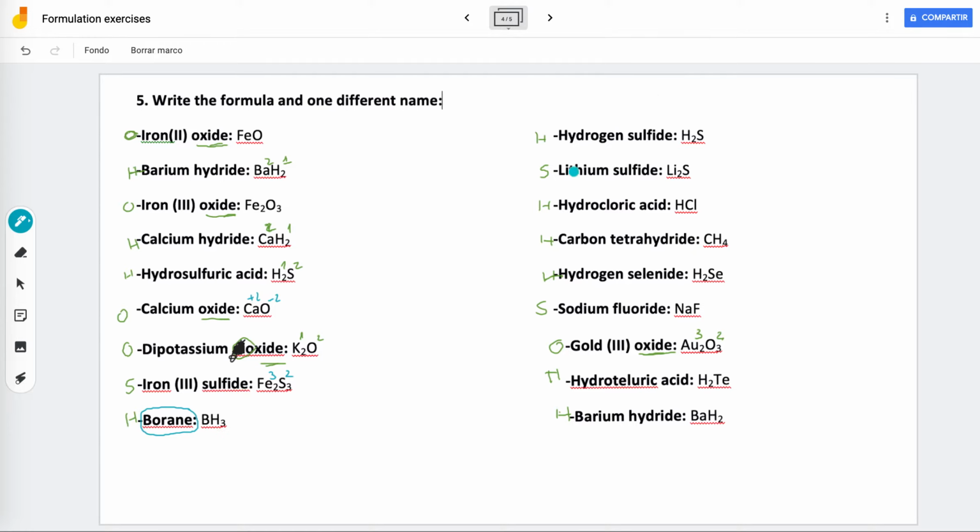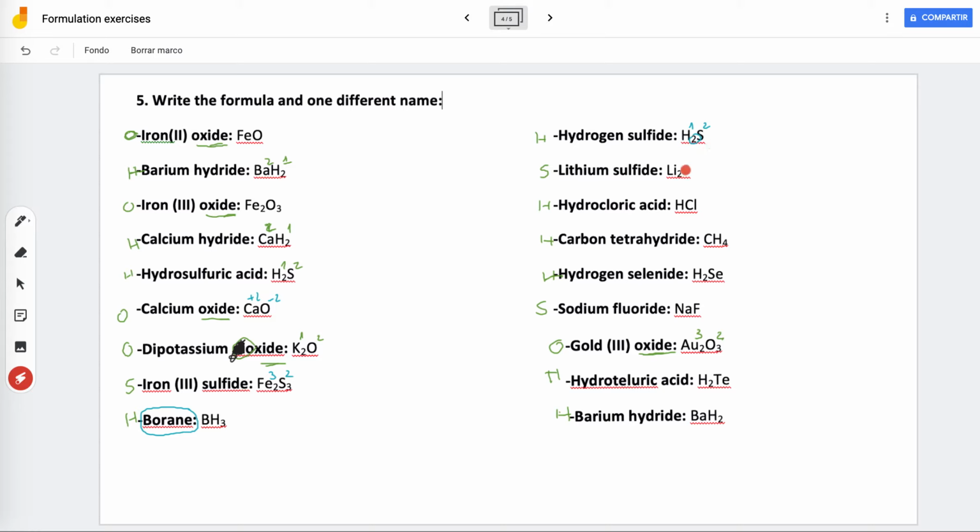Good. Hydrogen sulfide, and hydrogen first, sulfide second. Again, here oxidation number 1, sulfur oxidation 2. We put the 2 here, but we don't write here the 1 from hydrogen.